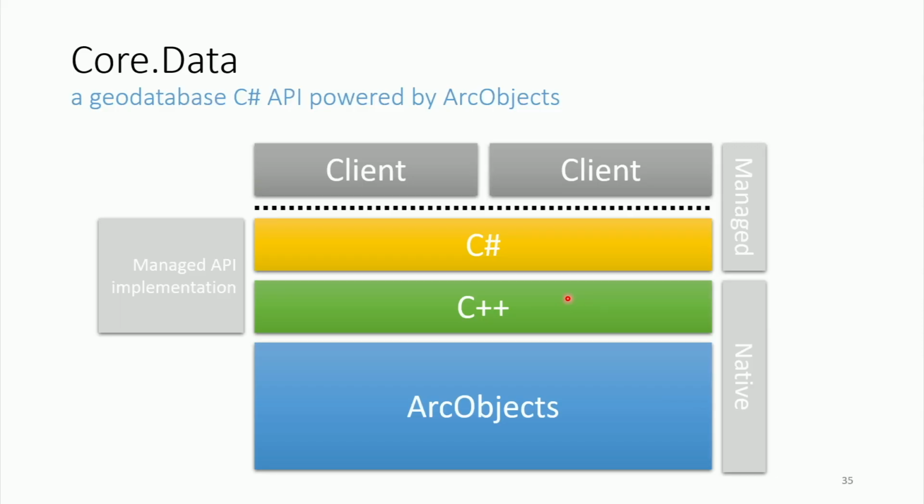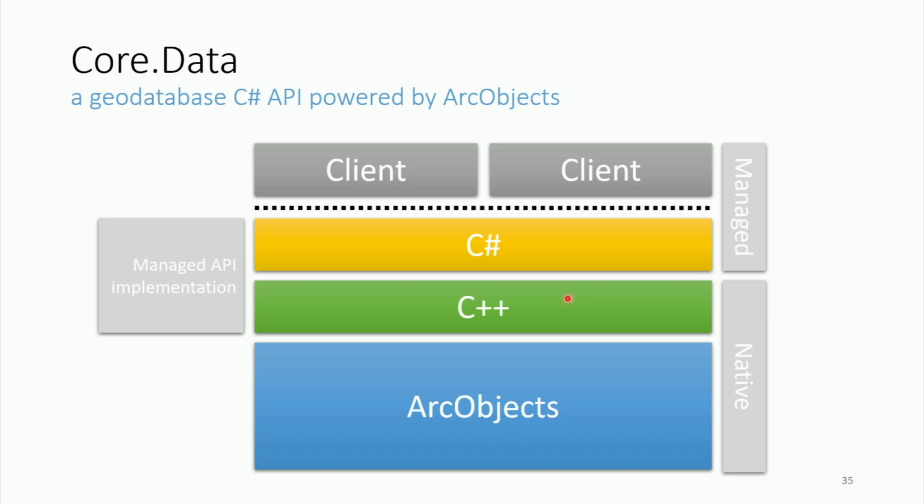Very quickly, much as you can get at this stuff through the REST API, if you're writing extensions or tools in Pro, you can use the C# managed SDK inside Pro. Here's an architectural diagram showing how we enable the stacks on the client side. Down at the bottom, you have ArcObjects, our C++/COM geodatabase implementation.